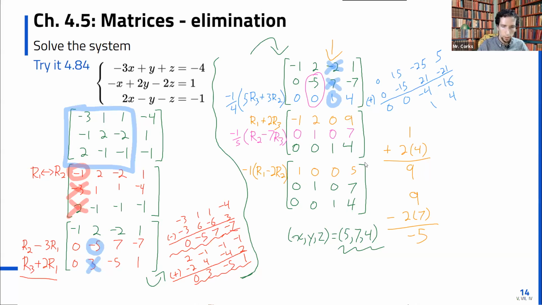Okay, this took a little while, I know, because we're talking through the process as we do it, but being able to combine our steps and do multiple steps at once saves us a lot of extra writing.